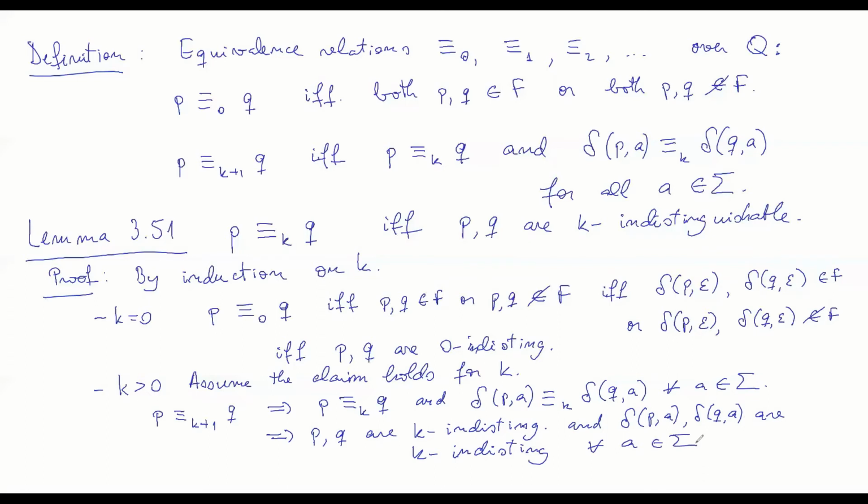And just by the previous result I proved, this implies right away that P and Q are K plus 1 indistinguishable.